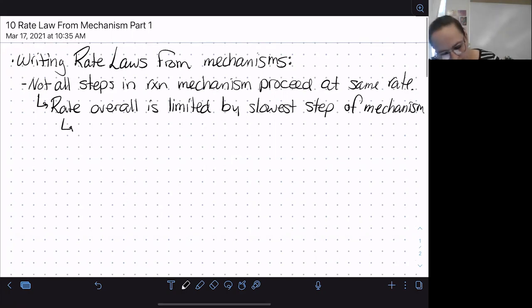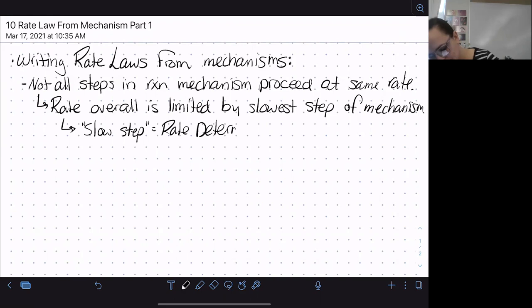So this slow step of our mechanism is known as the rate determining step or the rate limiting step of our reaction. Either terminology is fine.